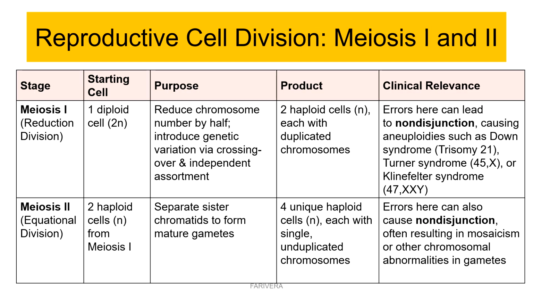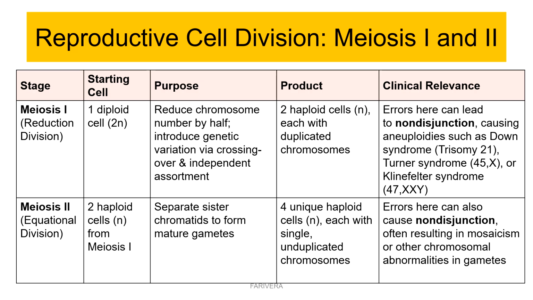Okay, so this slide with this particular table simply compares the two stages. Meiosis 1 begins with one diploid cell. The chromosome number is reduced by half. Then genetic variation can be introduced through processes such as crossing over and independent assortment.